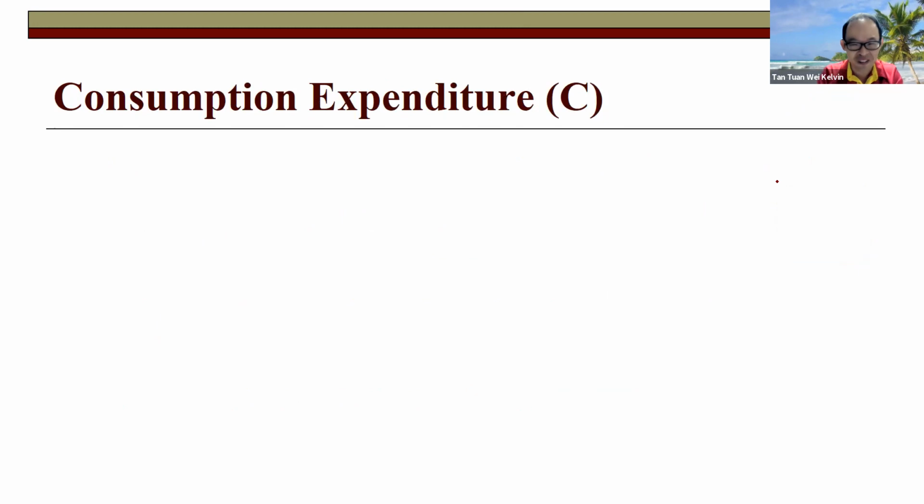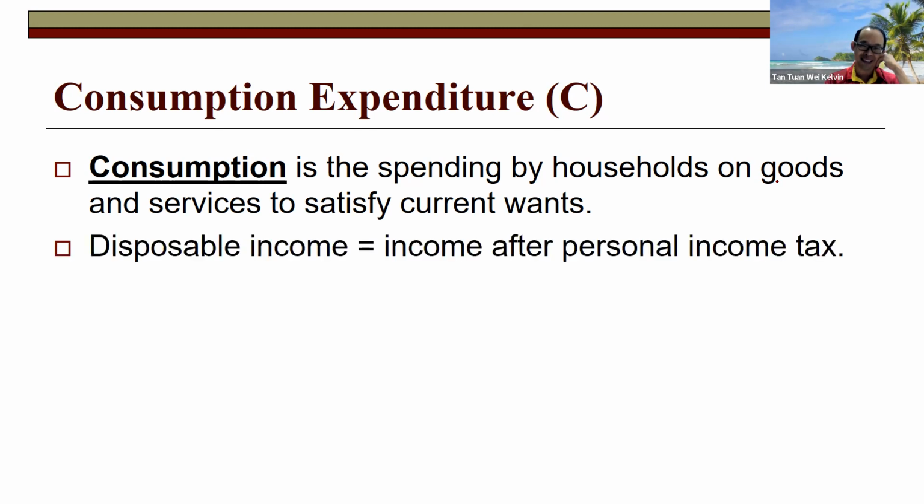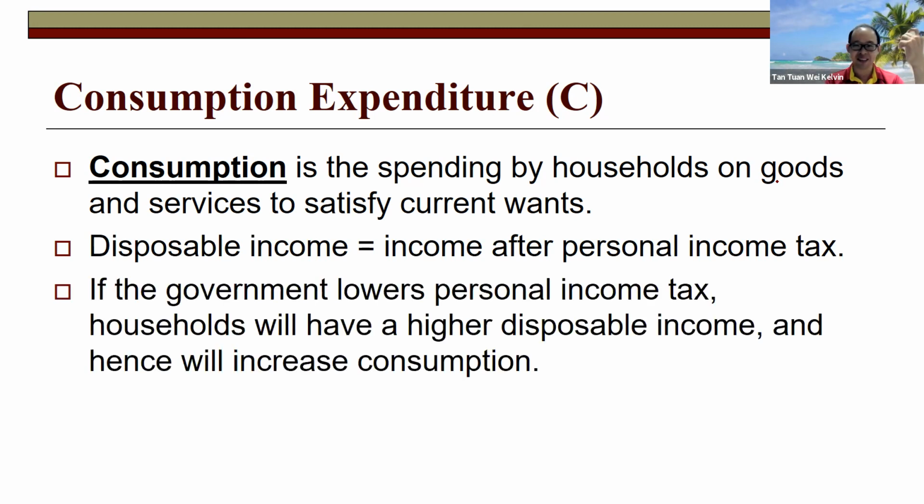So let's go through the first one, consumption expenditure. What do we mean by consumption? It is spending by households on goods and services to satisfy current wants. Your first factor is this term called disposable income. This is the income after personal income tax.